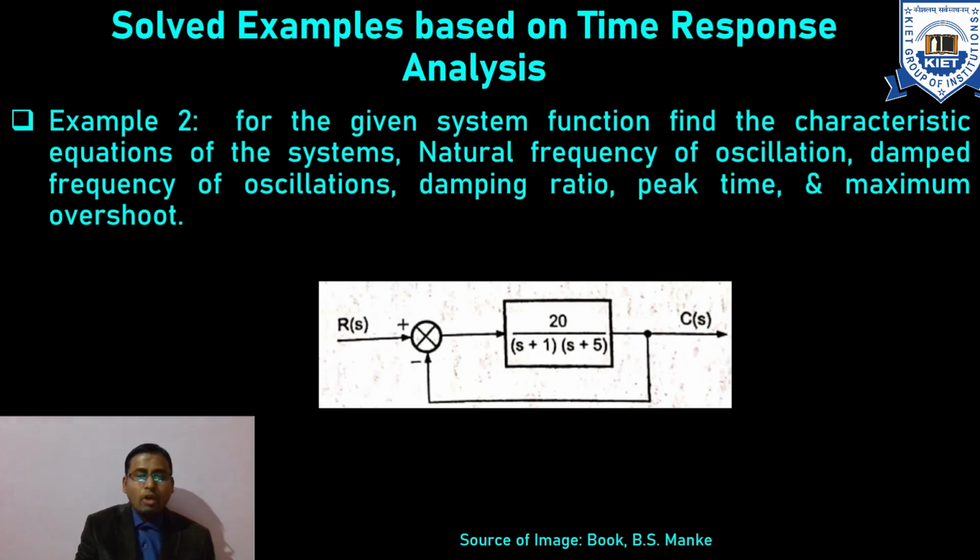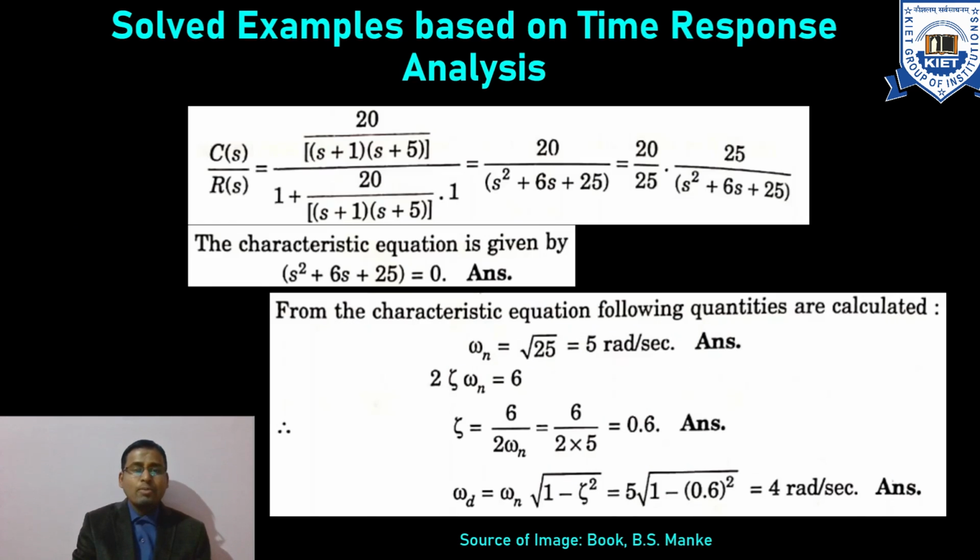So how are we getting it? Okay, now after simplifying this particular block diagram, we will get C(s) upon R(s). Clear? That is C(s) upon R(s). Okay, as usual we have to calculate it. So we will find out C(s) upon R(s), that is the overall transfer function.